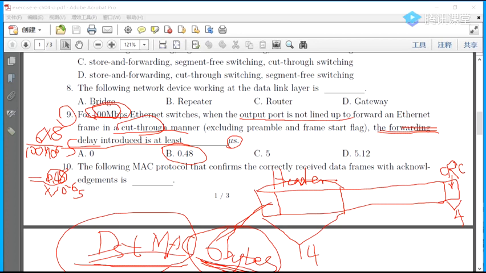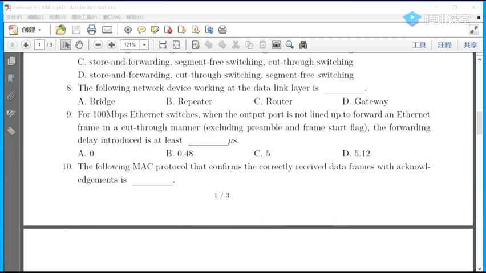Do you understand? This is cut through. Okay, next questions.